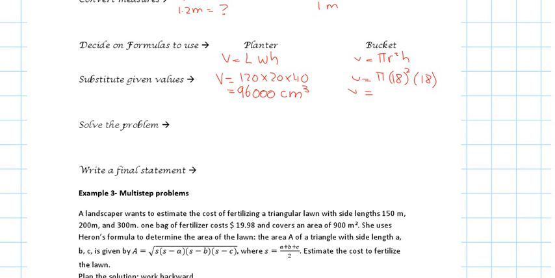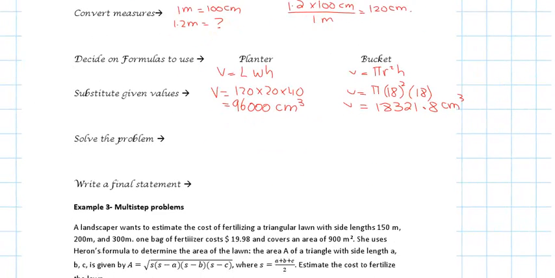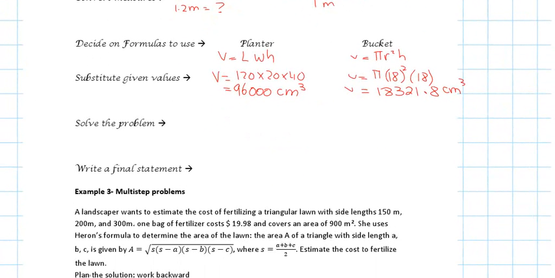18,321.8 centimeter cube of soil. How many buckets do I need? So to find the number of buckets, I do the volume of the planter divided by the volume of the, what is it called?